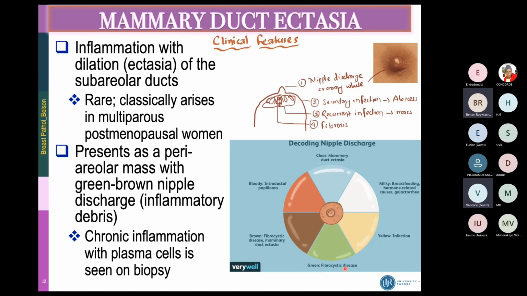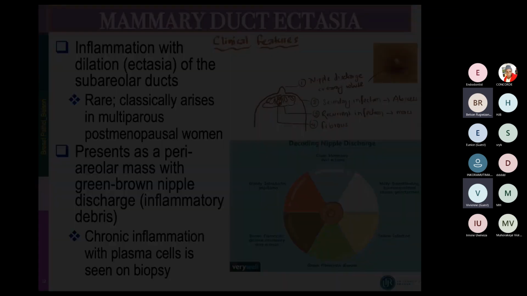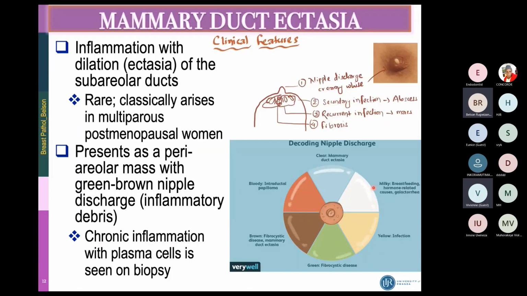Green is also seen in fibrocystic disease. Yellow is infectious, usually pus. Milk is seen in breastfeeding, hormone-related causes, or galactorrhea. So looking at the color and asking if she sometimes has a fever can help you identify the cause of the nipple discharge.